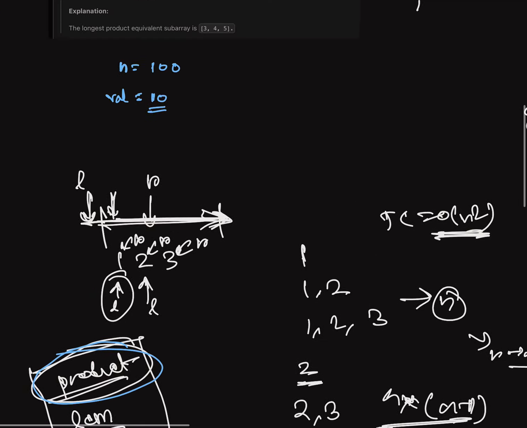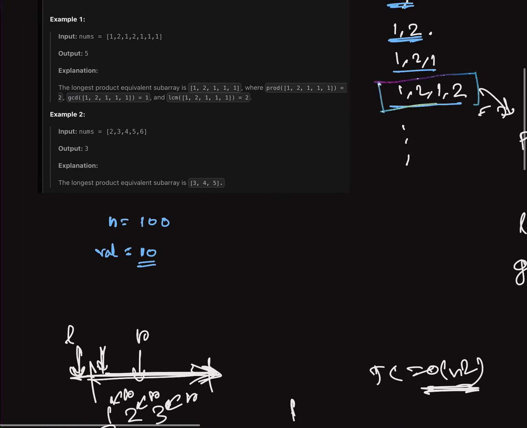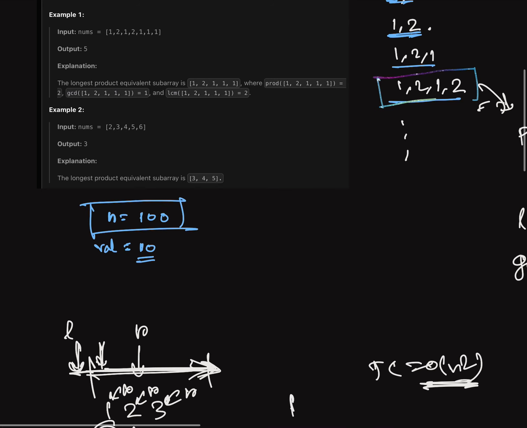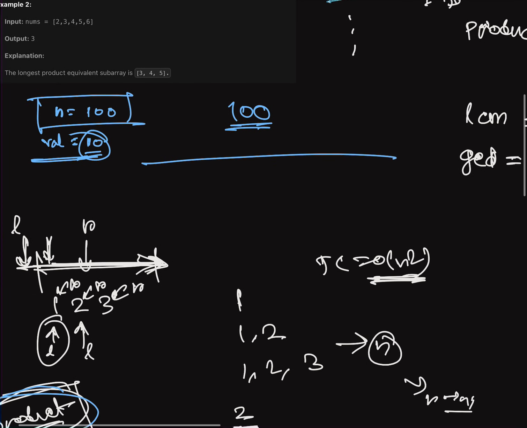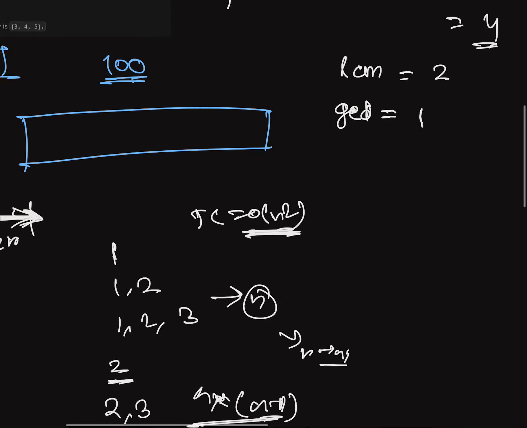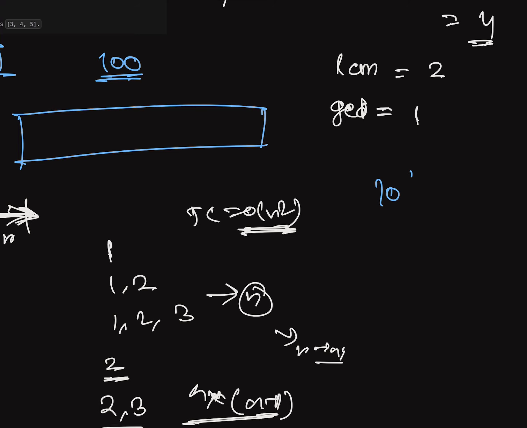Now what is the range of this? They mentioned that the input array length will be 100 and the value of each element can be 10. So for the first array, the whole input array, when considering it as a subarray, what is the maximum value possible? 10 to the power 100, because I am taking the product of each number.